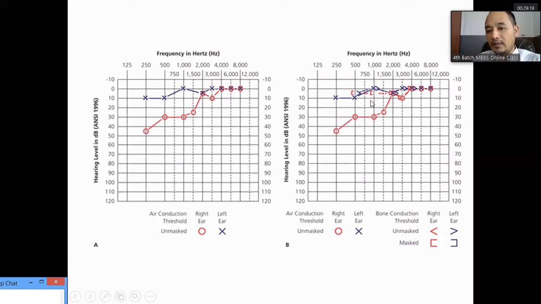There is an AB gap, so there is conductive hearing loss of the right ear. But the left ear, depicted by blue symbols, cross and the other sign, is normal. So the left ear is normal, the right ear has conductive hearing loss. From a single pure tone audiogram, you can assess both ears. Sometimes they are given separately, a right ear audiogram and a left ear audiogram, or sometimes both ears are given in a single audiogram.